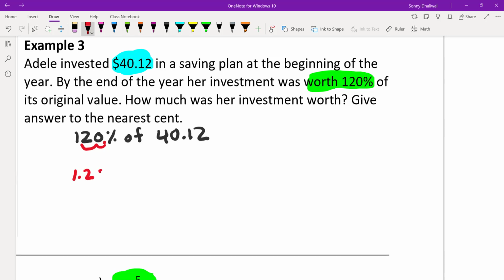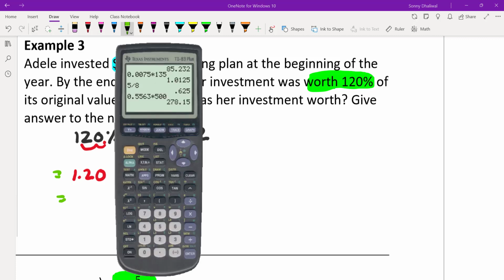Small tasks, I'm asking you. 1.2, right, times 40.12. Okay. So we go 1.2, grab your calculator, times 40.12, and we get $48 and how many cents? 15.